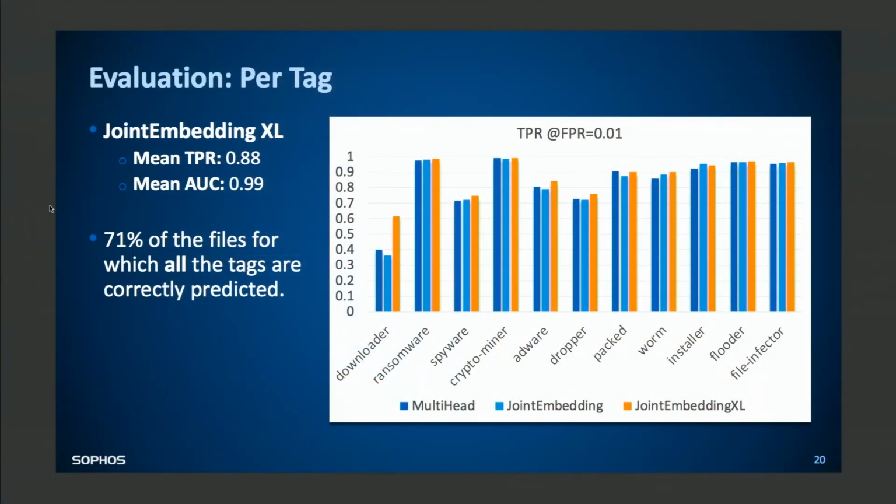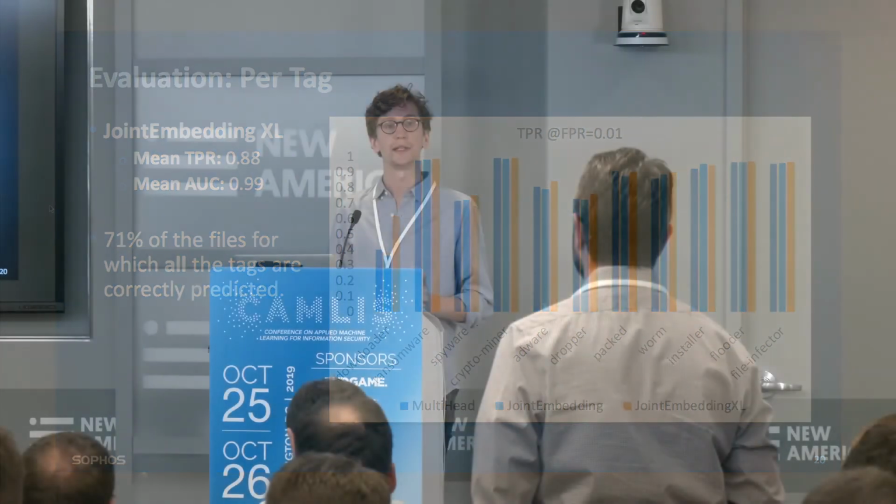And one of the tags that we are predicting is actually whether this malware sample is packed or not. Going back to this idea of layer detection, a very accurate prediction of whether a sample is packed or not can help us trigger different unpacking mechanisms while the file is executing.